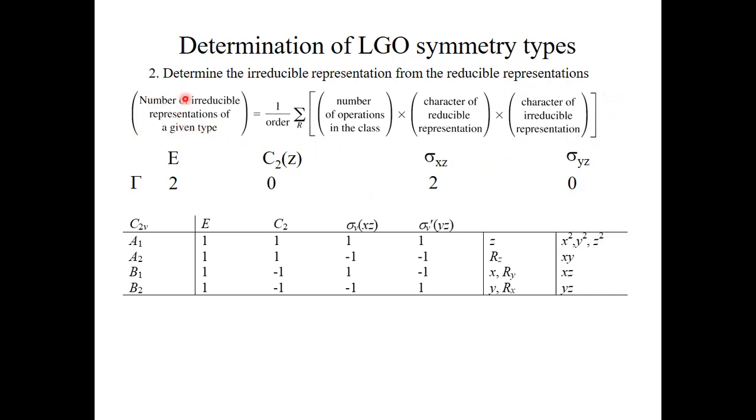So it says that the number of the irreducible representations of a given type, and here we mean a symmetry type, is 1 over the order of the point group times the number of operations in the class for a particular symmetry operation times the character of the reducible representation for the particular symmetry operation times the character of the irreducible representation for a particular symmetry operation.